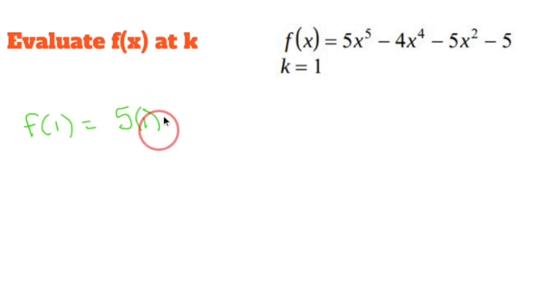So 1 to the 5th minus 4 times 1 to the 4th minus 5 times 1 squared minus 5.